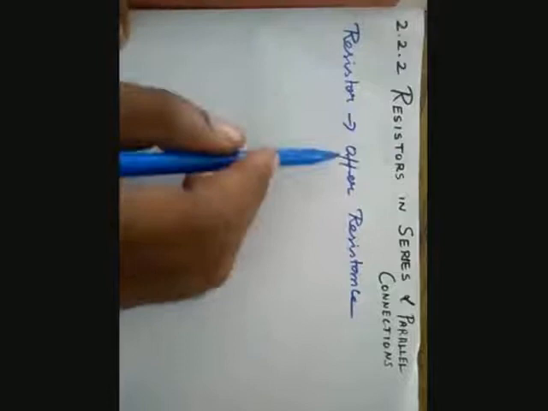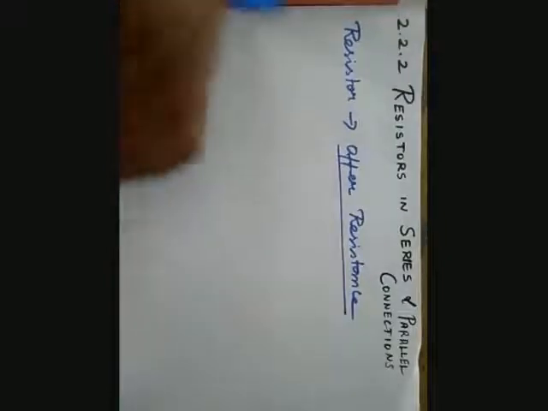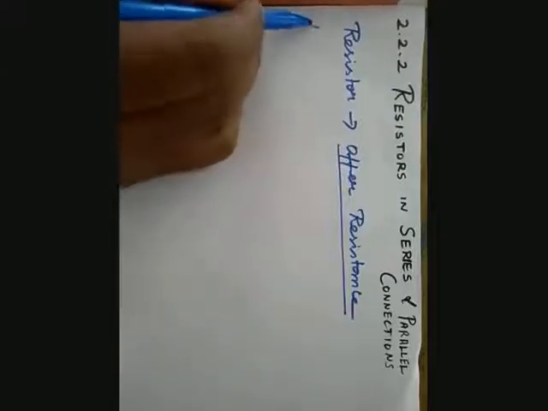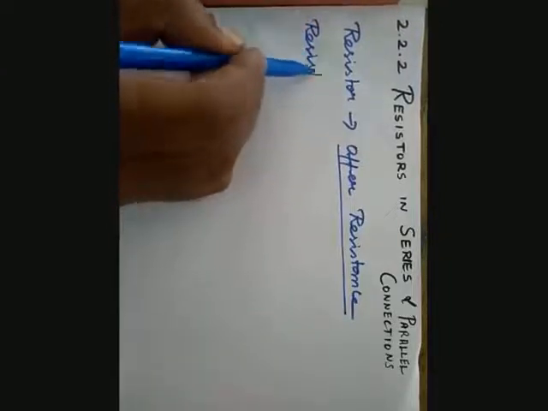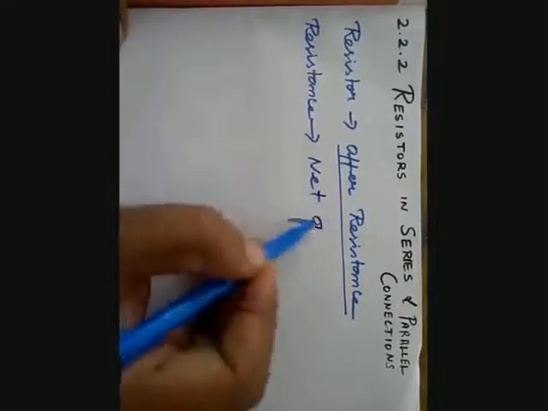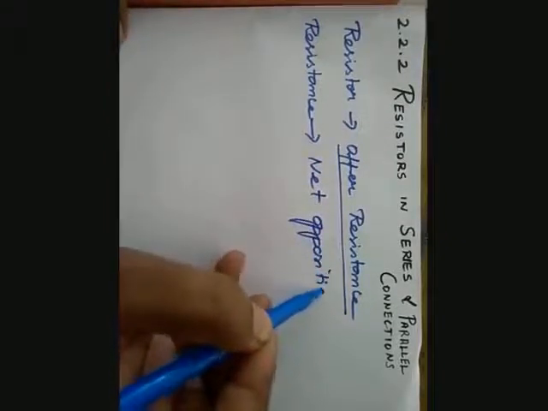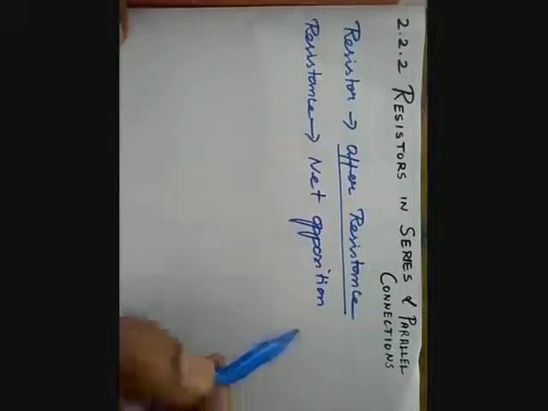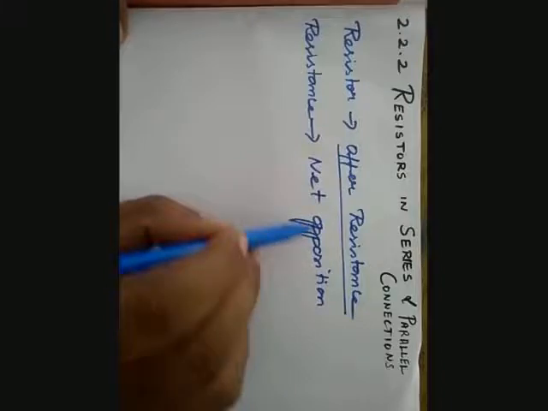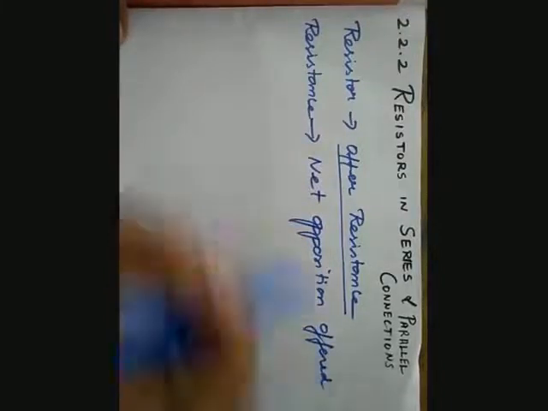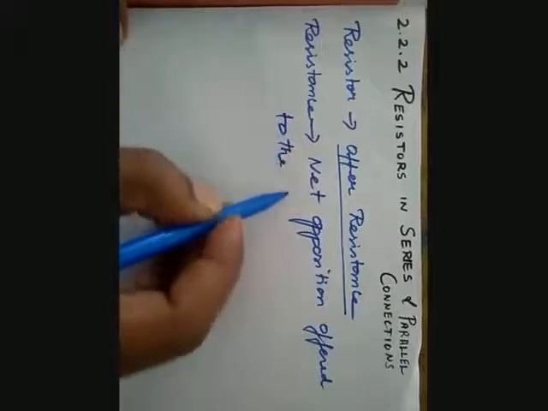A resistor is a device that offers resistance. Then what is meant by resistance? We know very well, resistance is the net opposition offered to the current flow by the material.